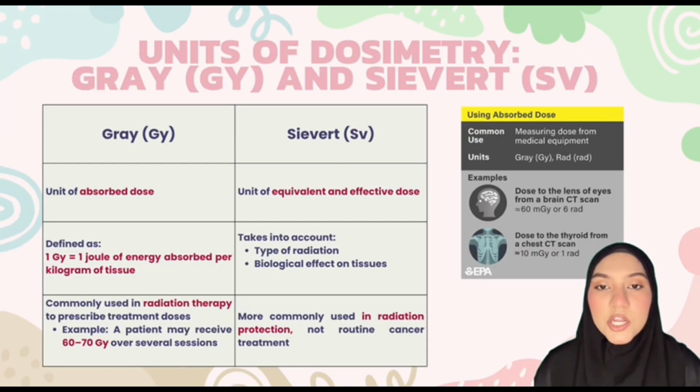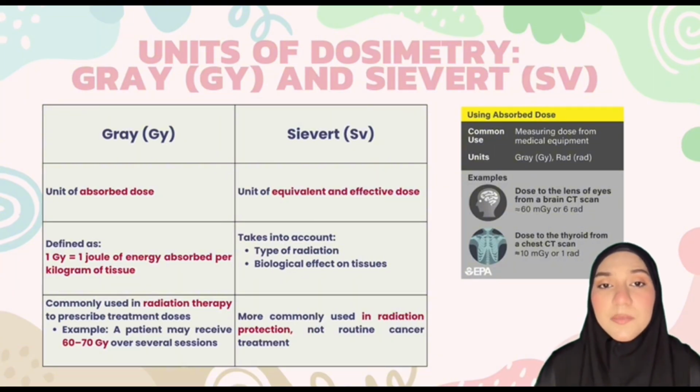Next, in radiation therapy, the absorbed dose is measured using the unit called the gray, abbreviated as Gy. 1 Gy is defined as 1 joule of radiation energy absorbed per kilogram of tissue. The gray is the most commonly used unit in radiotherapy and is used to prescribe and monitor patient treatment doses.